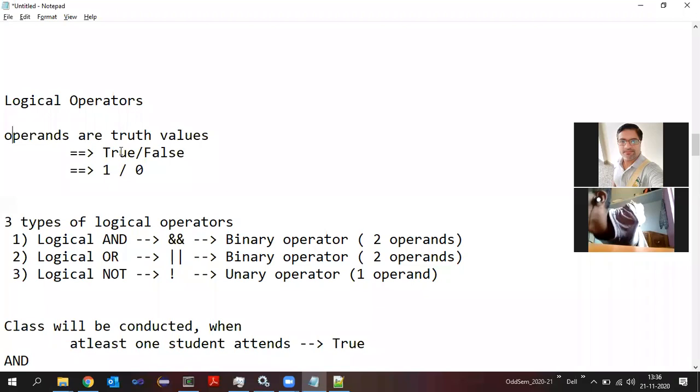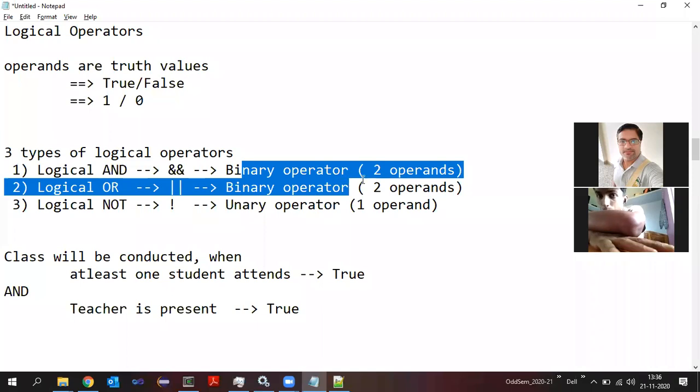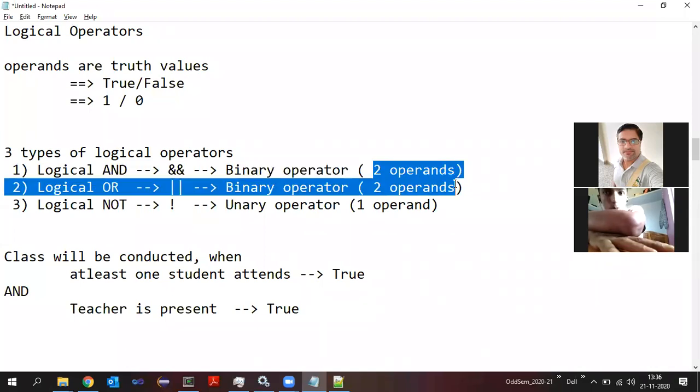How many logical operators are there? 3. Logical and, logical or, and logical not. How to represent and? Two ampersand symbols. And or is two pipelines, or two vertical lines. Then the not is the exclamation mark. Both and, or are binary operators, which means they require 2 operands.